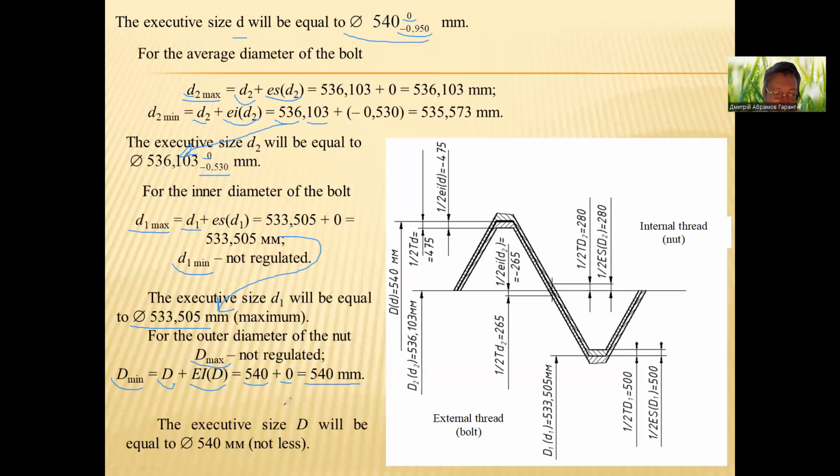The executive size on the outer diameter will be not less than 540 millimeters. Write down to your notes all these formulas.